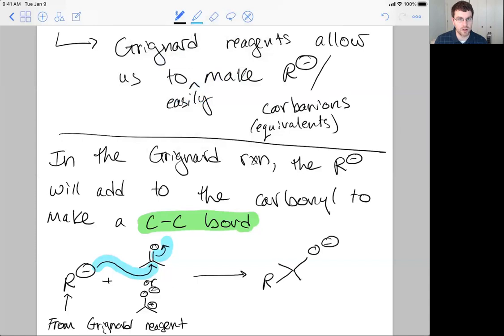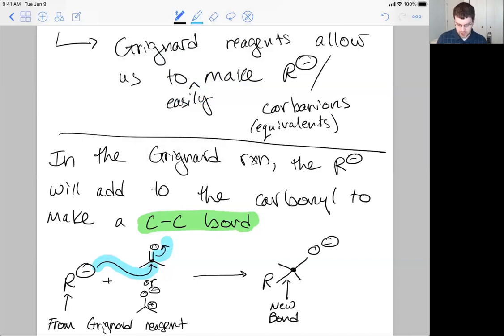We were overall -1 on the left, and now we're overall -1 on the right. But on the right side, the oxygen atom now has the negative charge. If you look, the new bond is positioned here, between the R group and the carbonyl carbon, just to give you a sense of where everything is.